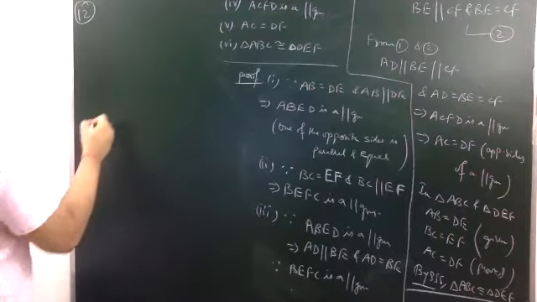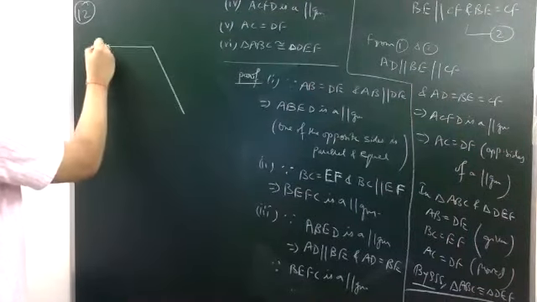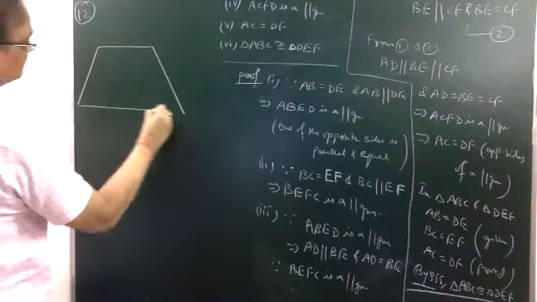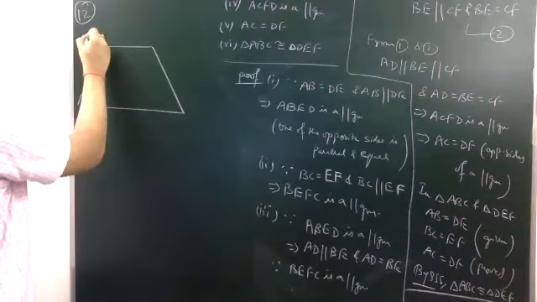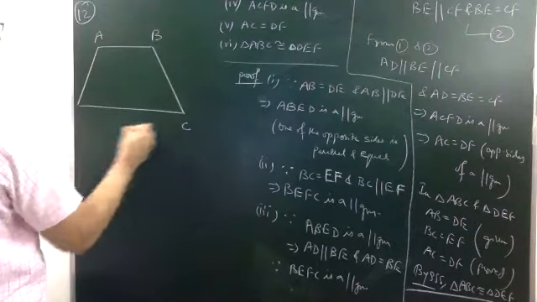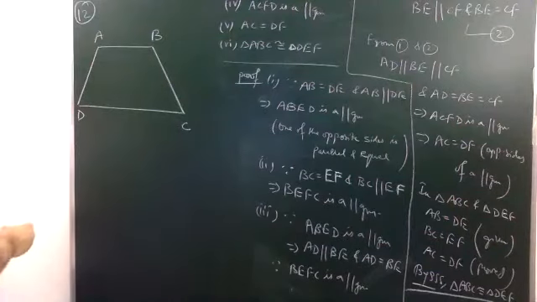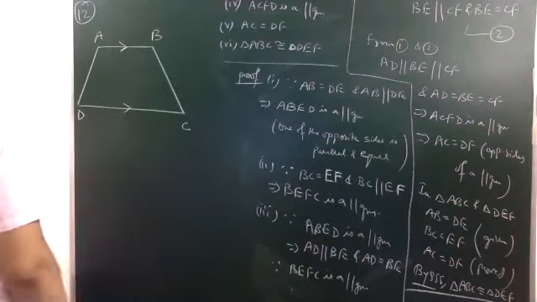ABCD is a trapezium in which AB is parallel to CD, and AD is equal to BC.